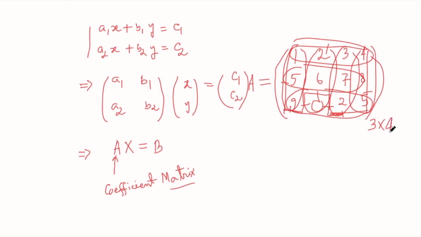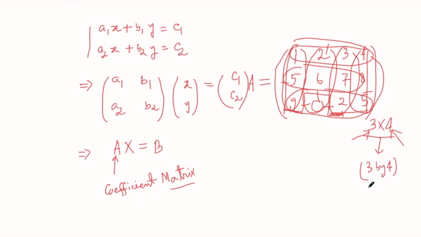So you can write 3 cross 4 here, but read as 3 by 4, which indicates the order of this matrix. A is a matrix of order 3 by 4, where 3 indicates the number of rows and 4 indicates the number of columns.